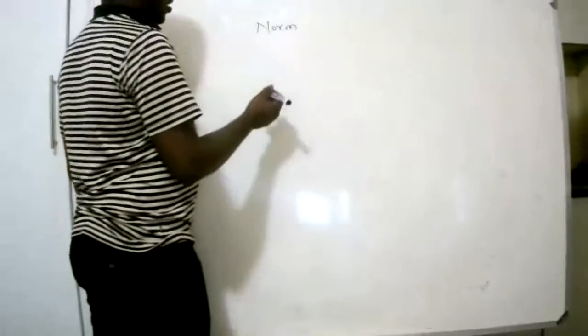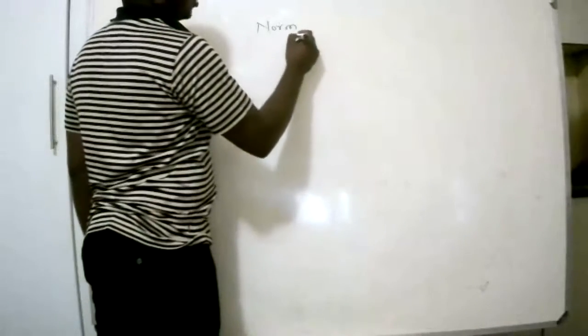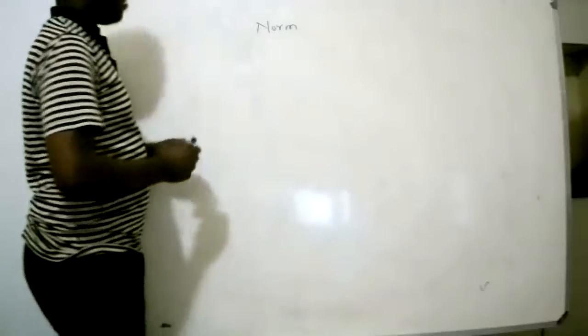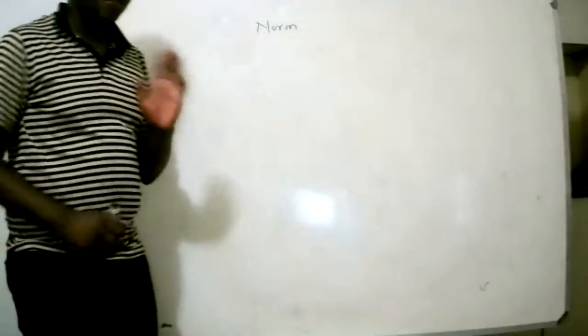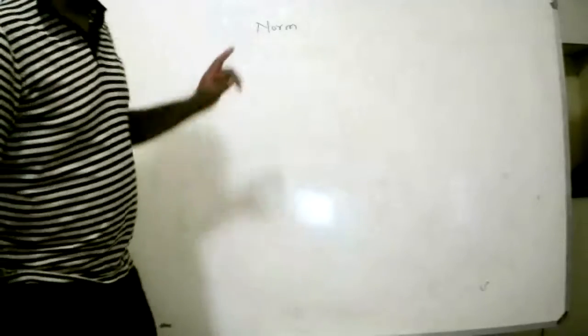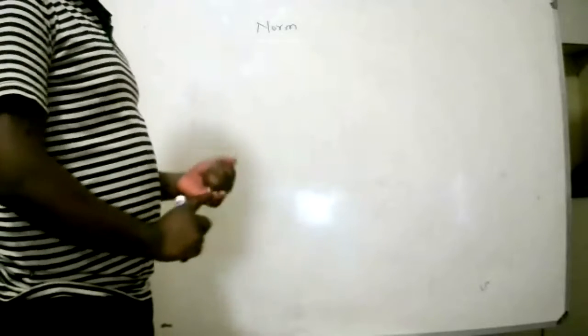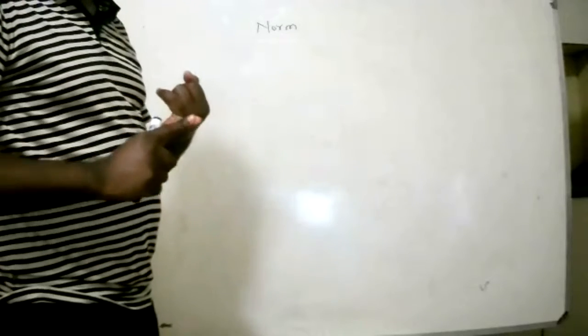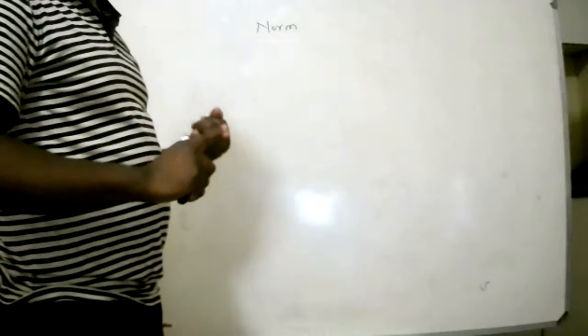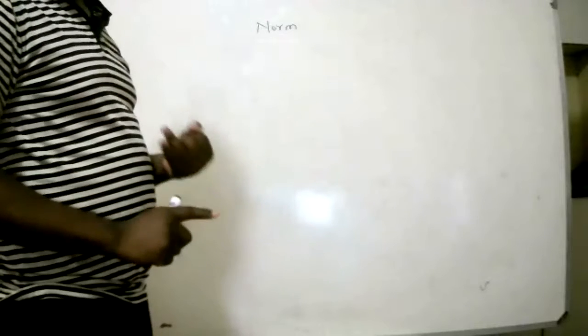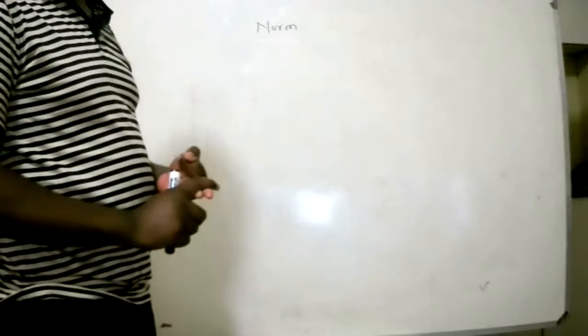Let's quickly start with our lesson, which is about the norms. It's something I did last time, so I just want to remind you about it before we go to the next topic. Last week we covered the dot product and the cross product.